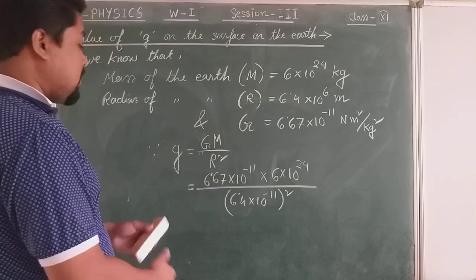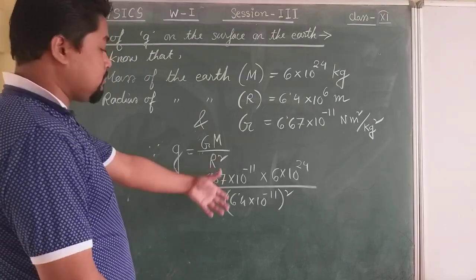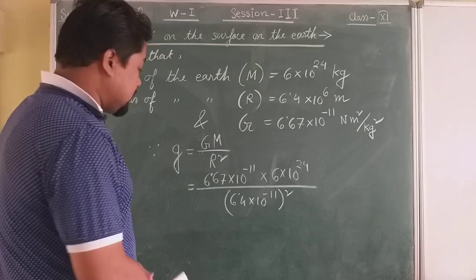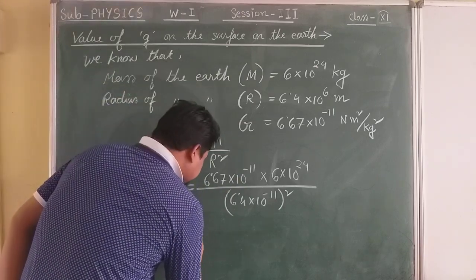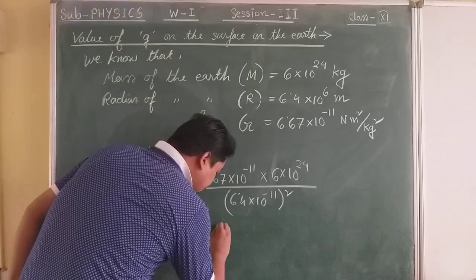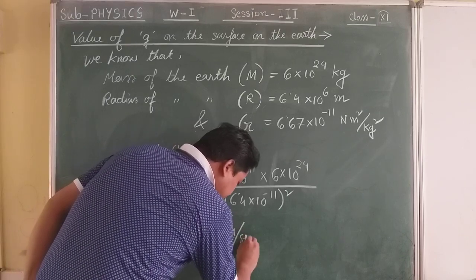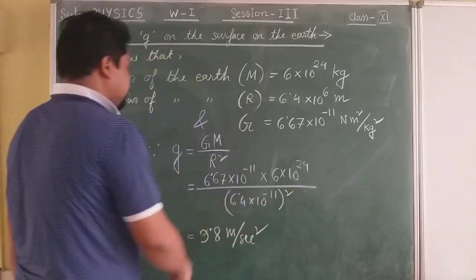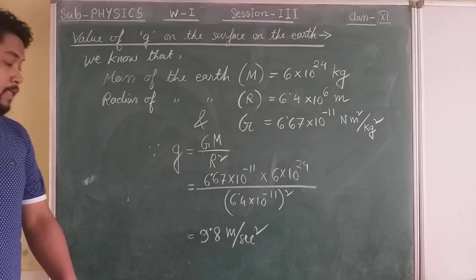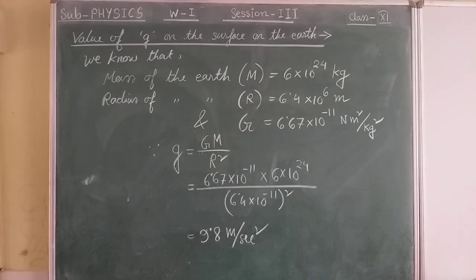So, আমি যদি এই ভ্যালুটা ক্যালকুলেট কৰো, then our result হলো 9.8 meter per second square. Okay? 9.8 meter per second square is the value of g on the surface of the earth.